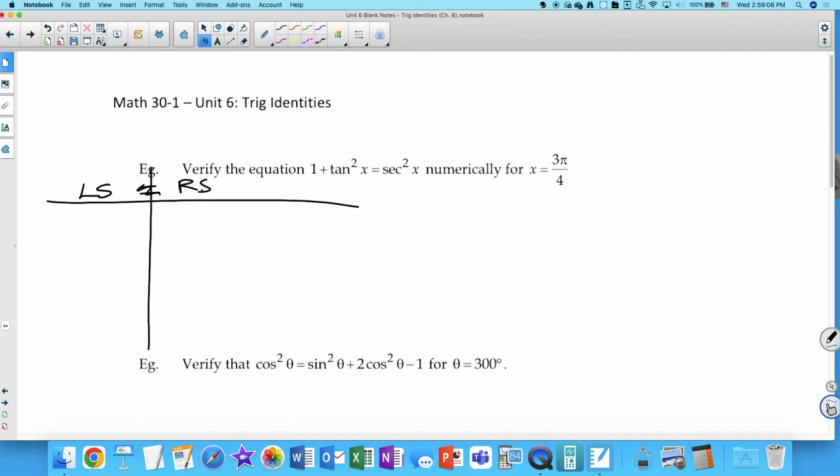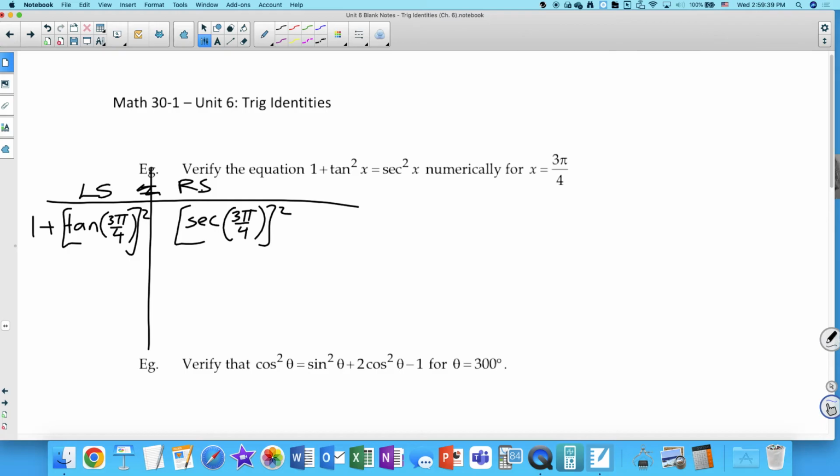And if we're plugging in 3 pi over 4, we want to know what is 1 plus the tan of 3 pi over 4. I personally like to do it this way because I know that this is going to be a number and I'm then going to square it. I prefer to put the square on the outside than on the inside because it just helps remind me of what I need to do next. Okay? On this side, I'm looking at the value of sec 3 pi over 4 squared.